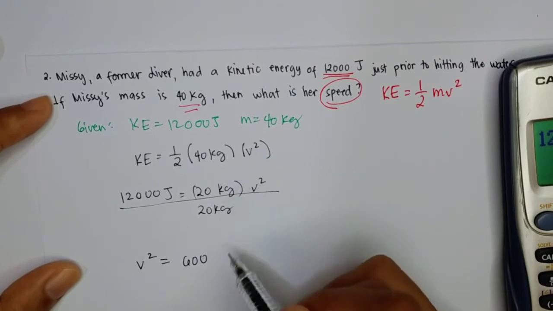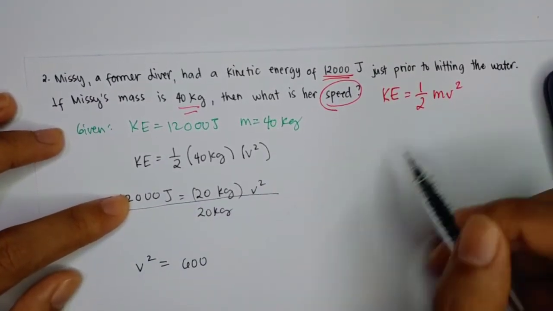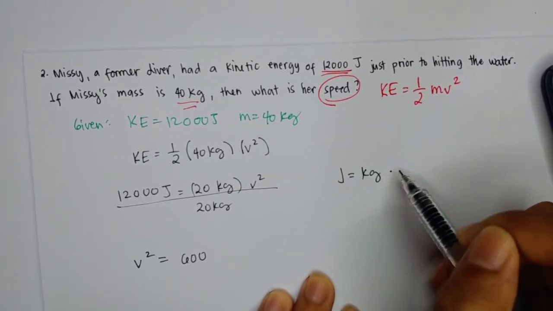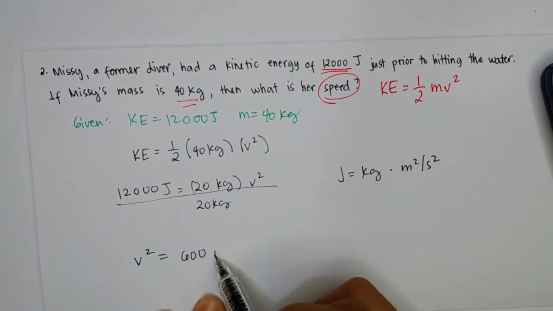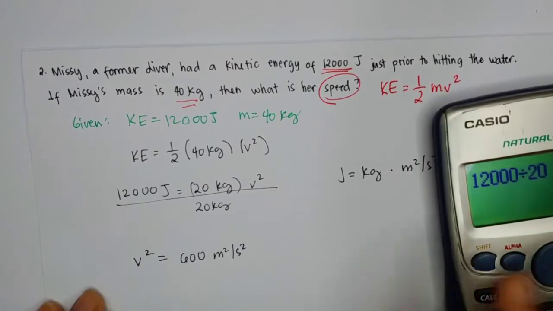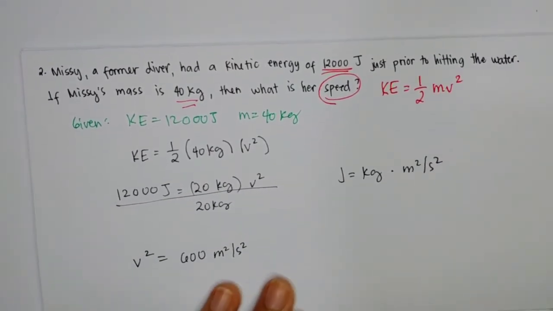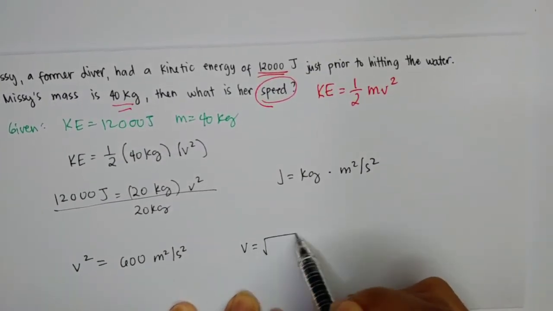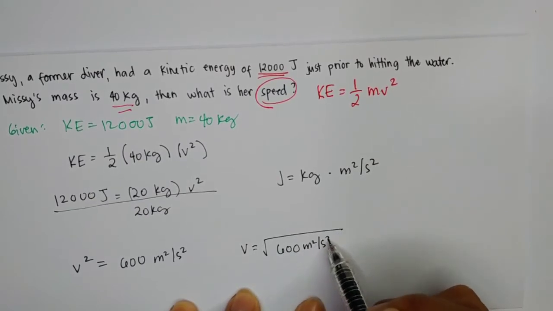Take note, ang joule natin is equal to kilogram times meter squared per second squared. So, ang matira na lang is meter squared per second squared. Since may squared pa tayo dito, so square root natin ito. So, v will be square root of 600 meter squared per second squared.